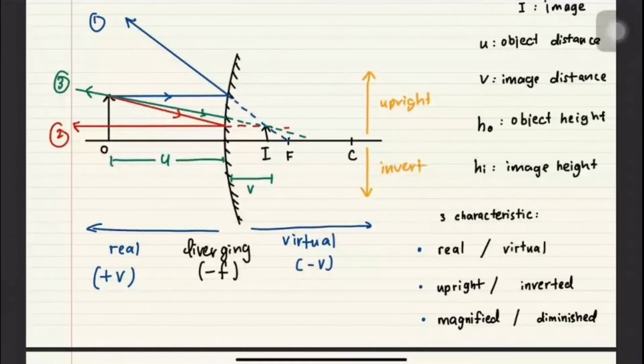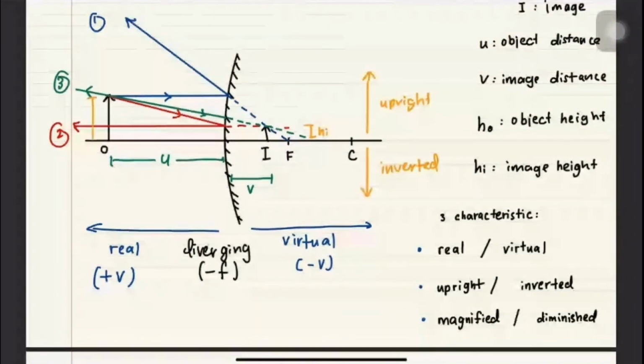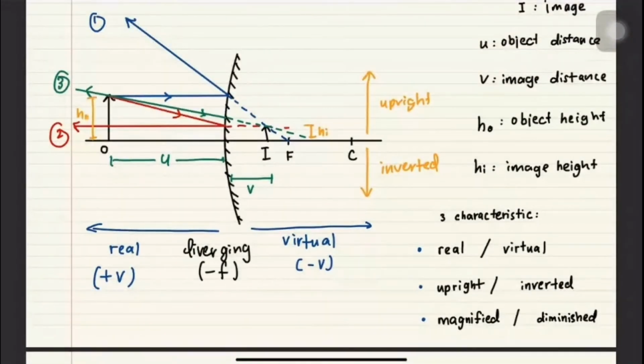Okay. And then you can label the height of the image with a symbol HI. The height of the object we label with a symbol H naught. Even HI and H naught can be positive or negative.